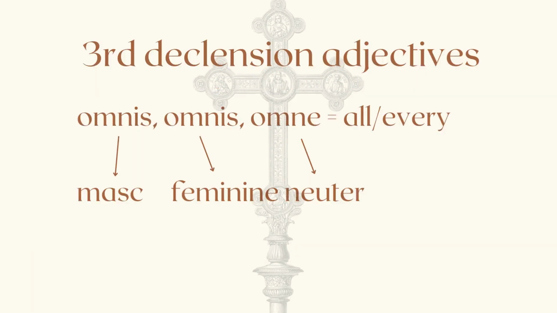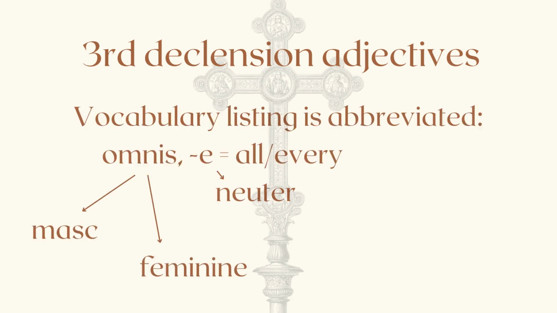Omnis is the form for both the masculine and feminine adjectives. Omne is the form for the neuter ones. The vocabulary listing for this type of adjective is an abbreviated version. So you'll find omnis, then e, and the English all.